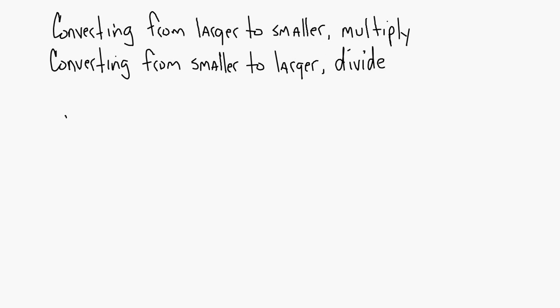So write that down. King Henry died, KHD. And then your unit measure goes here, like a space. King Henry died drinking chocolate milk.